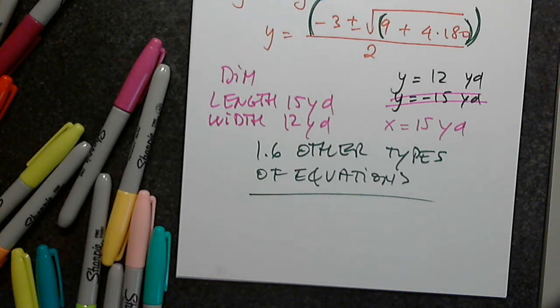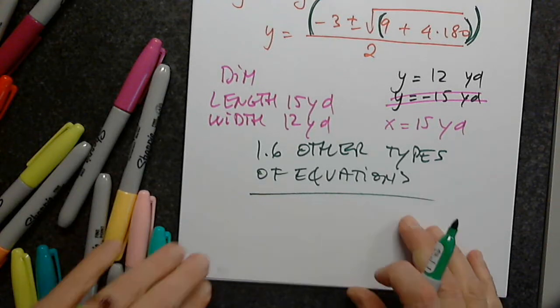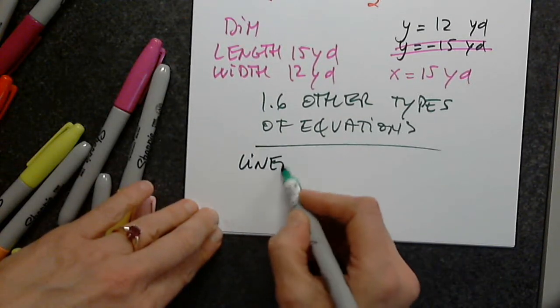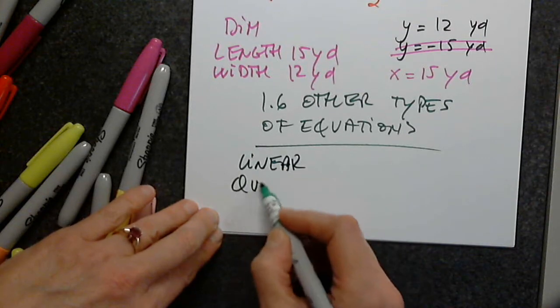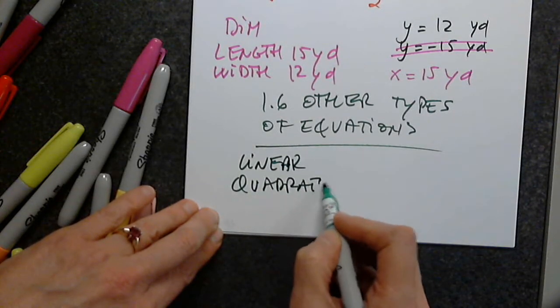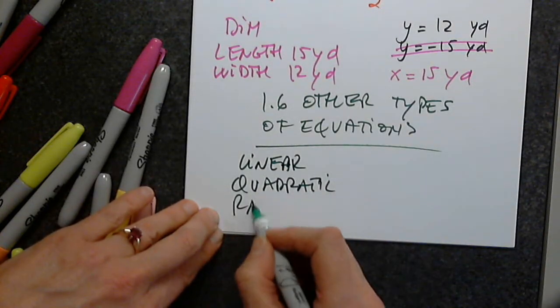Okay, ready then? Let's review. How many types of equations do we know now how to solve? Linear and quadratic, very good, and rational. Not easy equations, I hope you agree. So one more time: linear, quadratic, and rational.